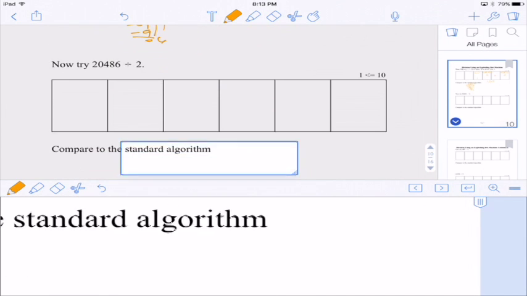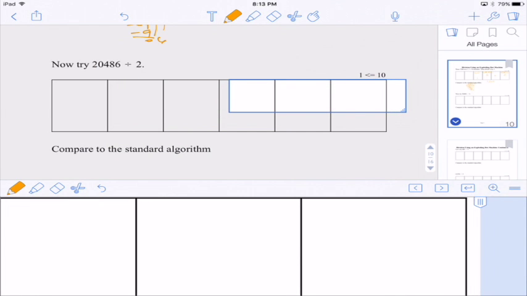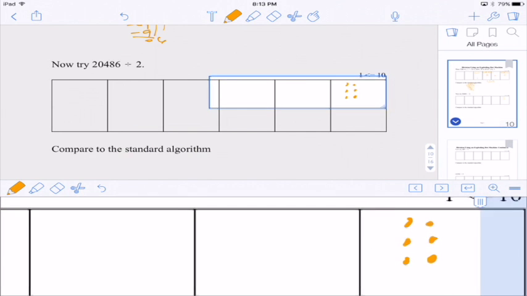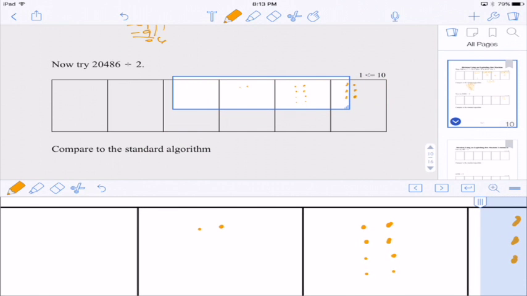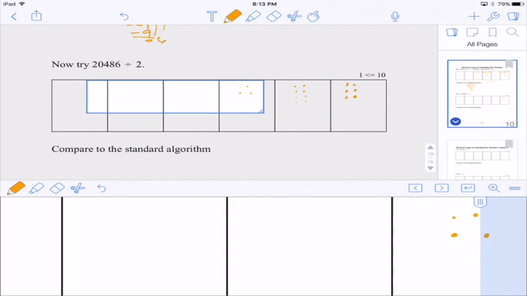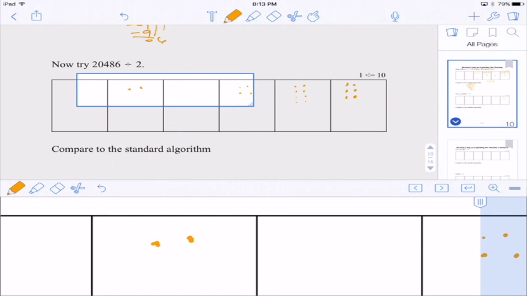Now let's do a bigger number. So we've got 6. We're dividing things into groups of 2, so I'm going to draw them in groups of 2 to make it really easy. There's 6. There's 8. There's 4. There's 0 there. And 2. We're dividing into groups of 2.